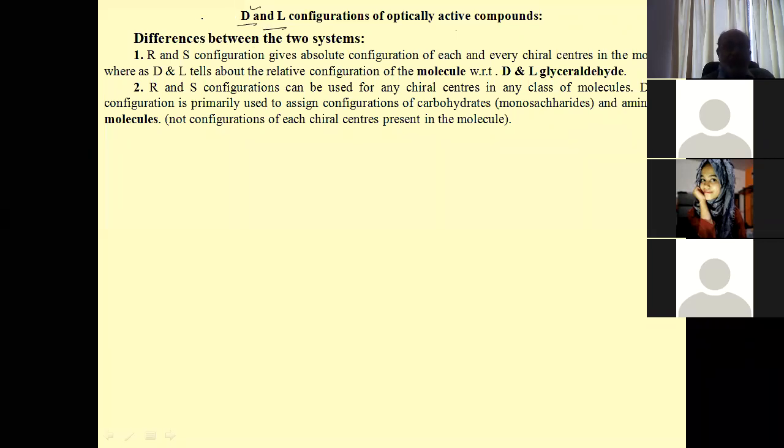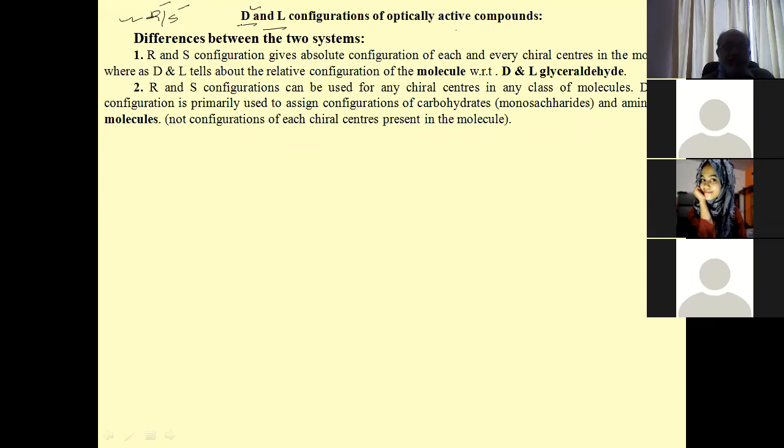RS is the absolute configuration, mainly used for identifying all stereo compounds. But these notations are used to mark natural products, mainly carbohydrates and amino acids. These two groups of molecules are given this configuration. So this is not used for all.